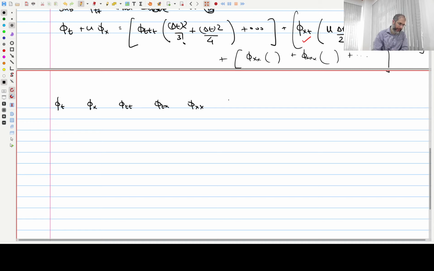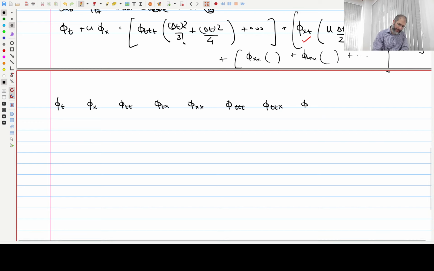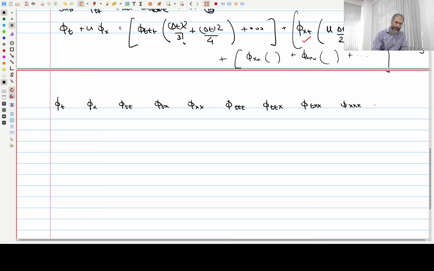Then let's come to third order derivatives: phi triple t, phi double tx, phi txx, and phi xxx. Then I will have higher order, but I'm not worried. I will stop at, let's say, third derivatives.